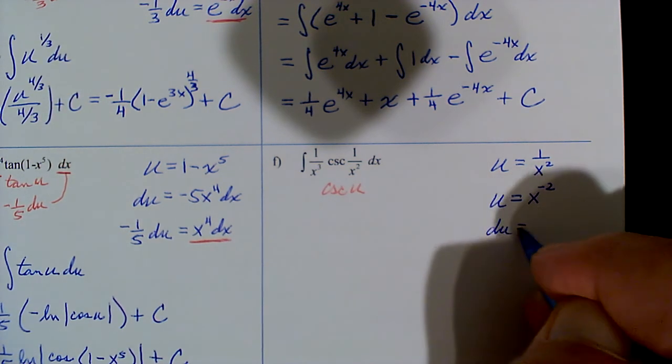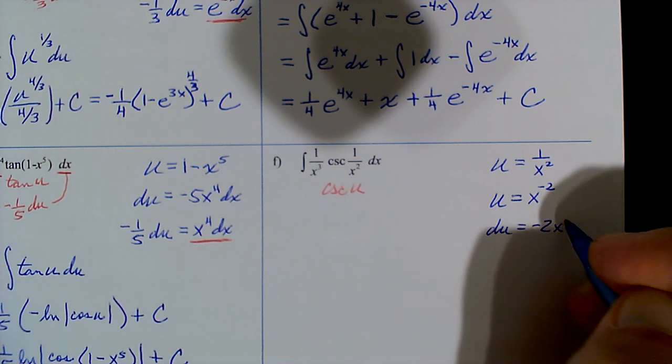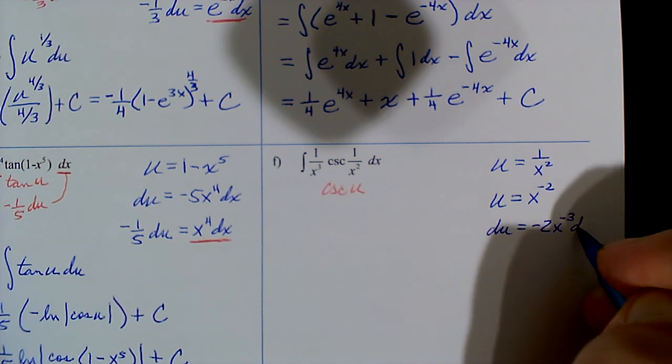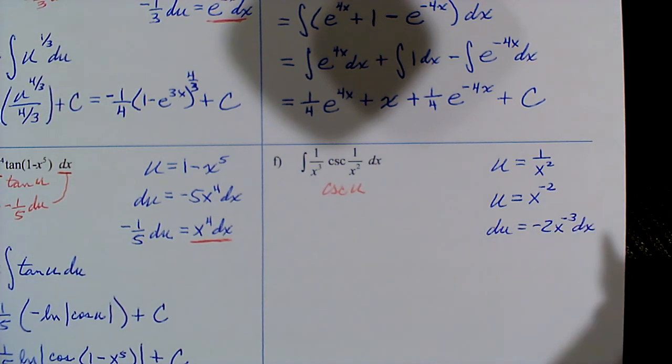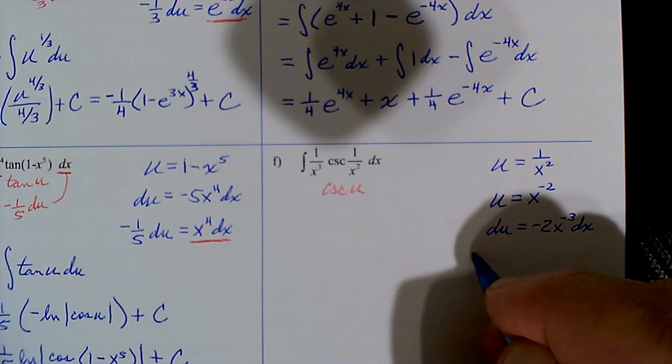Now the differential du would be negative 2x power 1 less, negative 3. Differential dx as well. Then we modify by the negative 2.